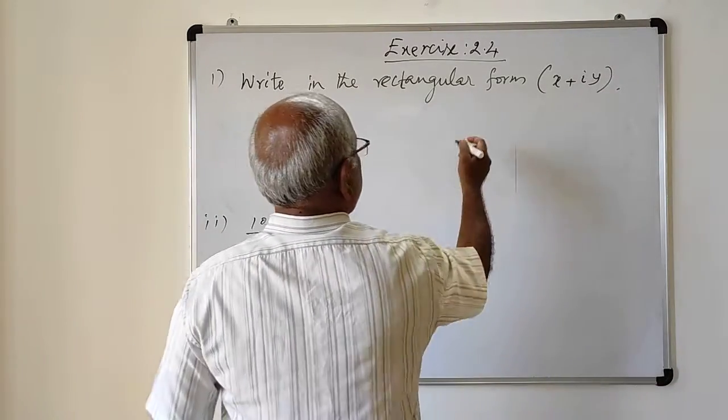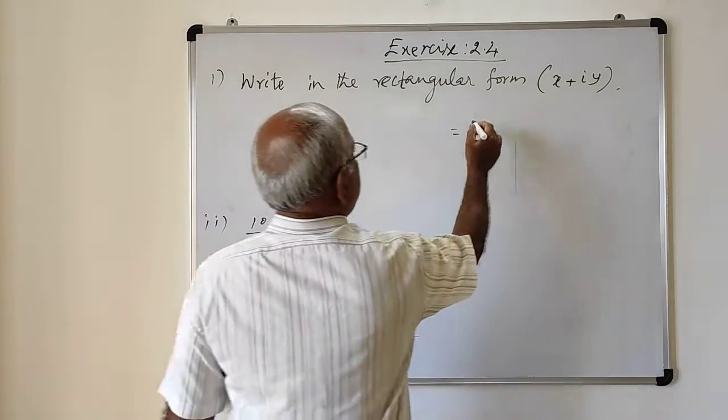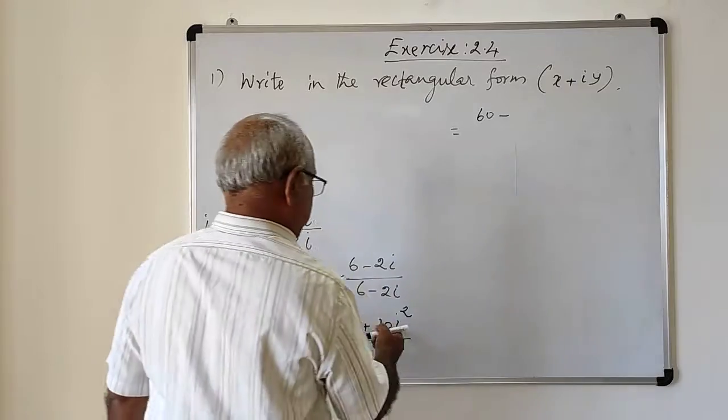Simplifying, we get 60, and i square is minus 1, so minus 10.